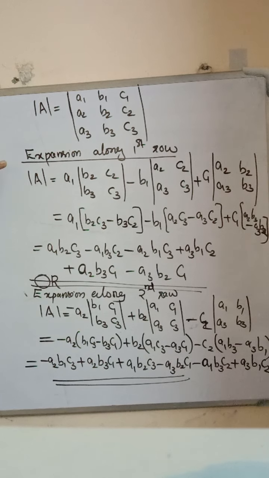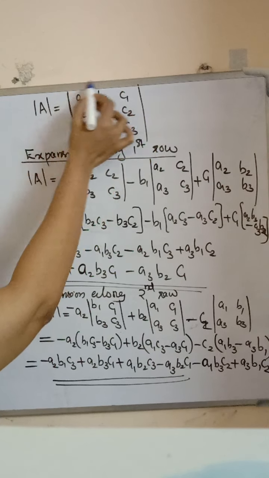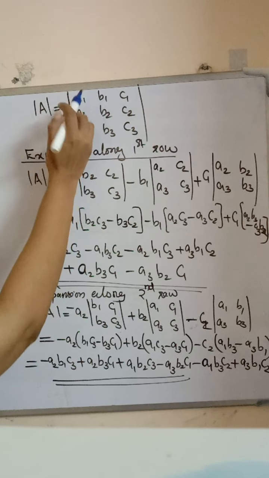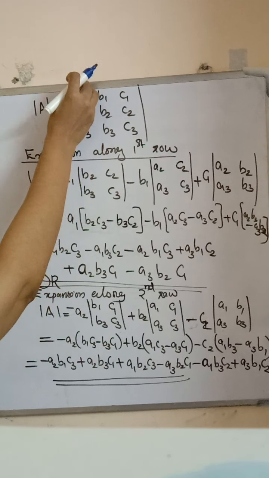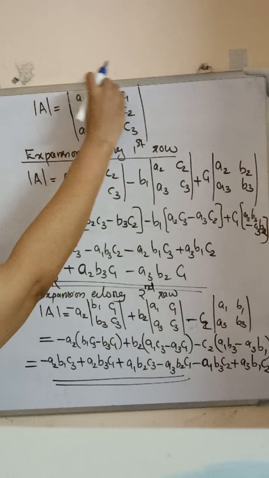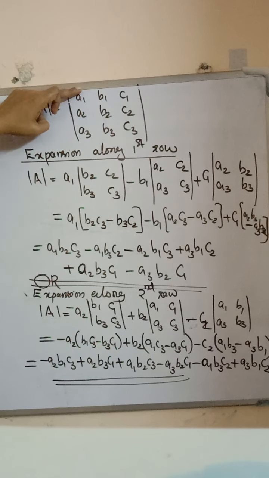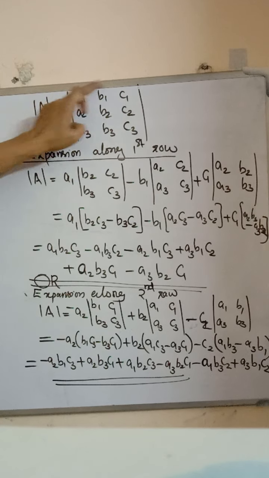First, expansion along the first row. How can we find the determinant of a 3 cross 3 matrix? Here I expand along the first row. So a1 into the determinant obtained by deleting the column and row including a1. a1 belongs to the first row, first column, so first we delete the first column and the first row.